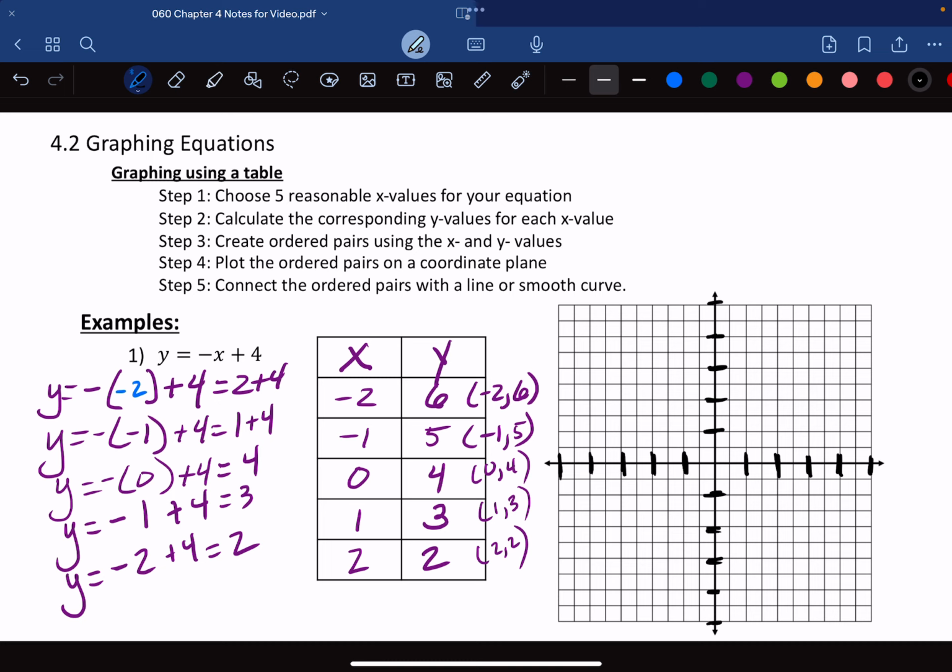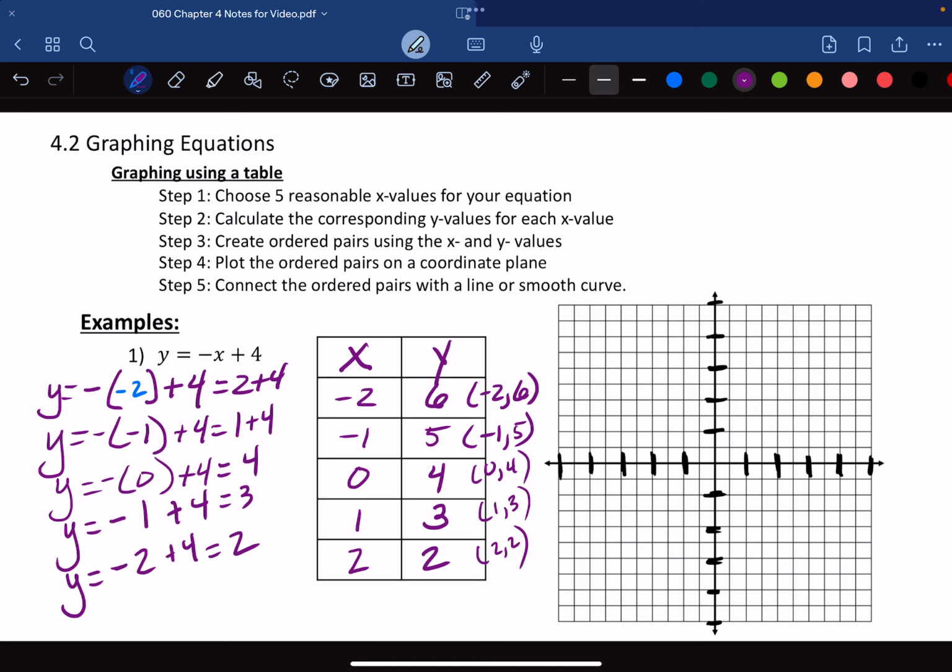All right, so -2 and 6 is off of the chart. It'll be over here somewhere, so I'm not going to worry about graphing that one. I still have 4 points that will fit on my graph, and that's more than enough to create a line.